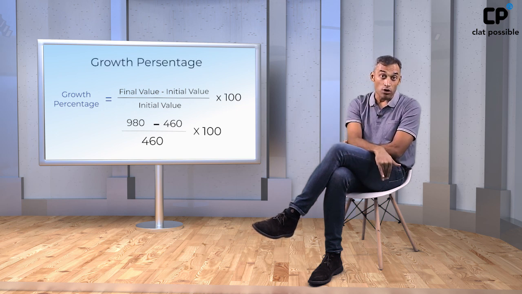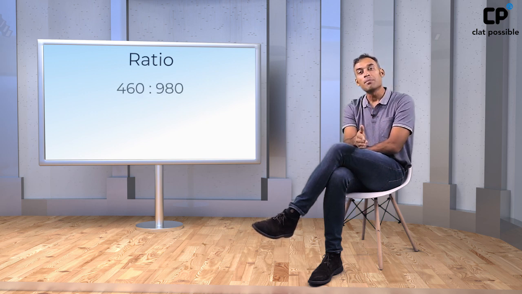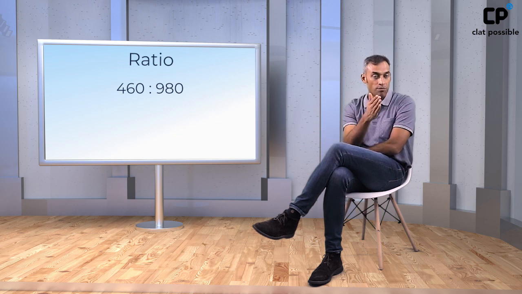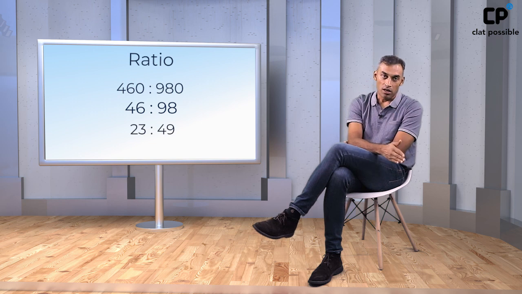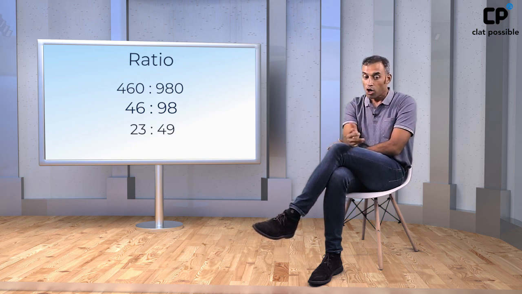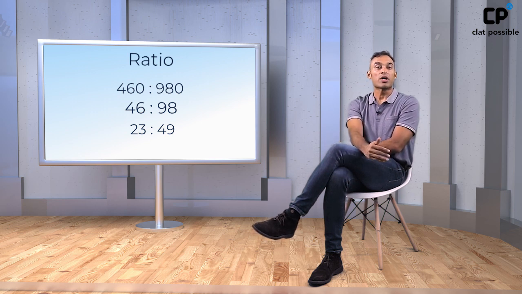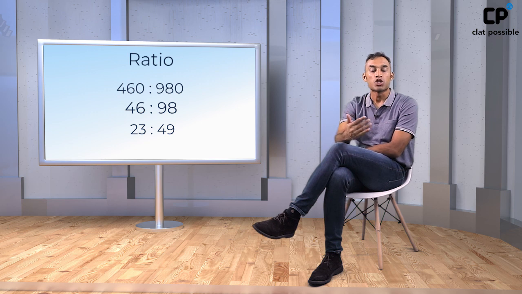The second way of doing the question is, I convert this into a ratio, right? So a 460 has become a 980, which is 46 has become a 98, which means a 23 has become a 49. So what is my overall growth percentage? Now before I start calculating this, you can still look at elimination of options.